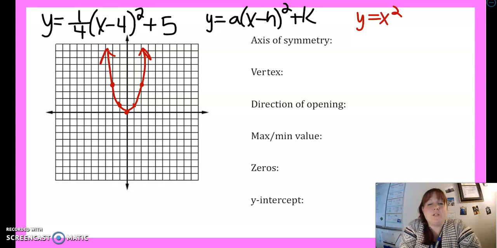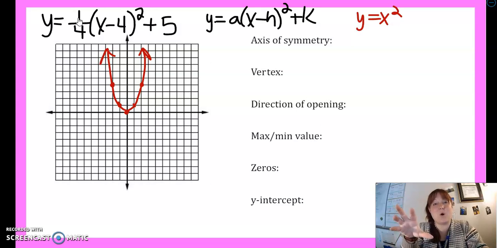So if you remember, we're going to do the multiplication and division first, and then we're going to shift it. So this a value right here is 1/4. And now, is it inside the function or is it outside the function? This one's outside the function, right? So because it's outside the function, it affects y values and not x values, okay? So all it's going to change is our y values.